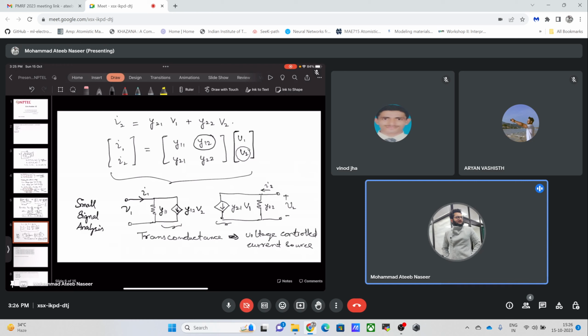This is just for the purpose of illustration, that this equation in the matrix form can be represented by its electrical network, which is given in this schematic that I have shown.